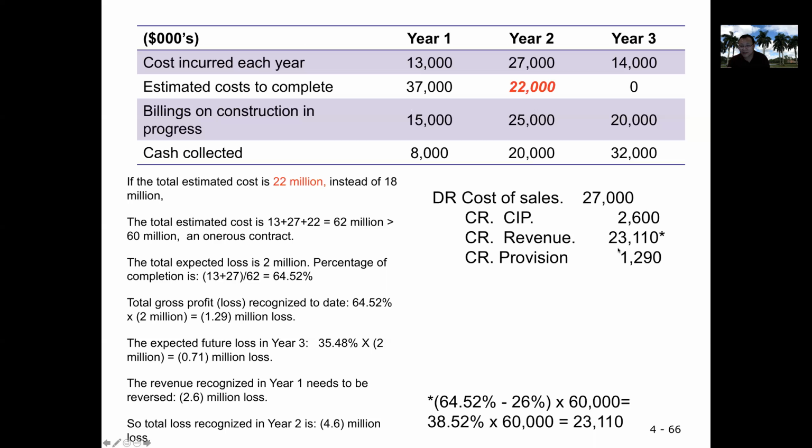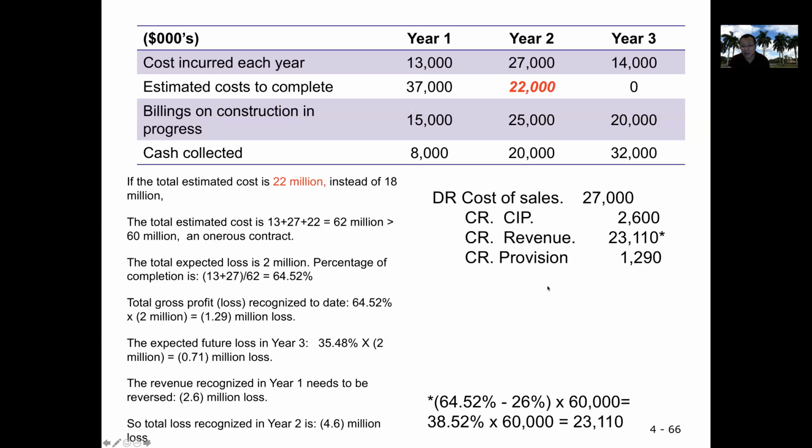And the difference, additional credit here, that's the provision, okay? That's the liability, right? Because you are losing on this contract, the loss becomes your liability. Even despite the loss, you have to finish this contract. So create a provision for 1.29 million. Okay, 1.29 million.